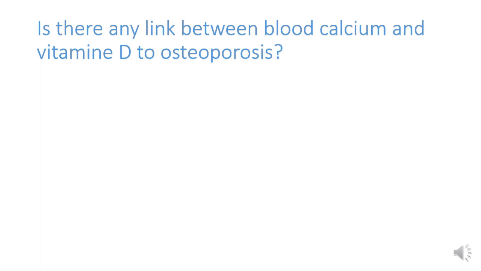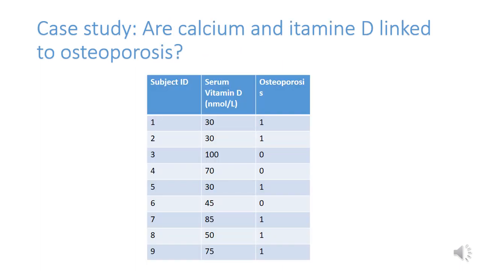And the data would look something like this, what you see on your screen. It will have three columns and many rows. On the leftmost column, you have the column for subject IDs.